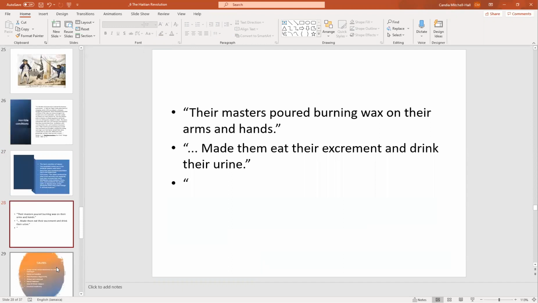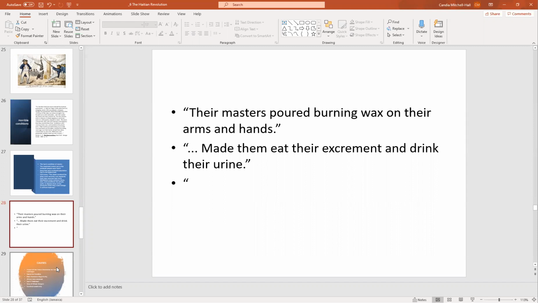Other than pouring burning wax, they are making them eat their own excrement and drink their own urine. These were some of the punishments. Even pregnant females also would have gone through this type of punishment.